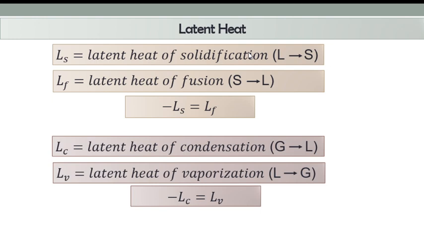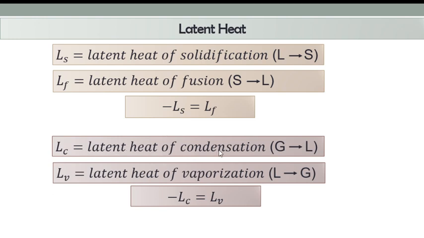Since solidification and fusion are reverse processes, the latent heat of fusion is equal to the latent heat of solidification. The negative sign will be used for energy leaving a system. Hence, our latent heat of solidification is negative because in the solidification process, a liquid must release energy to become solid.